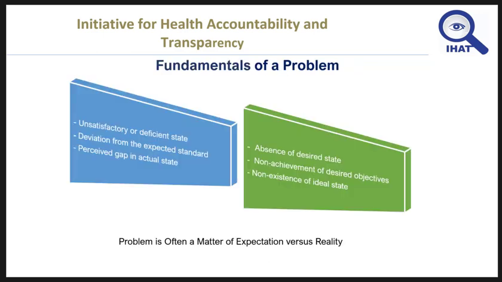So basically, the fundamentals of a problem are an unsatisfactory or deficient state, deviation from the expected standard, a perceived gap in the actual state, an absence of desired state, non-achievement of desired objectives, and non-existence of an ideal state.